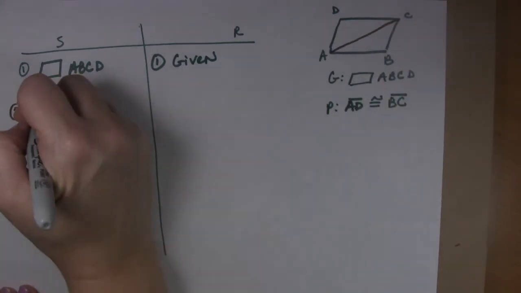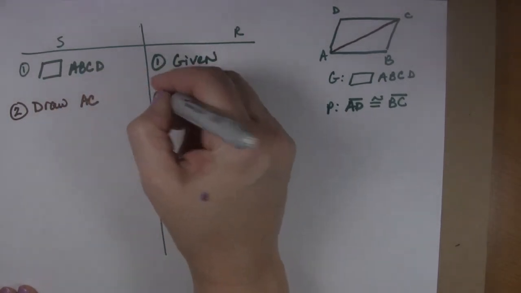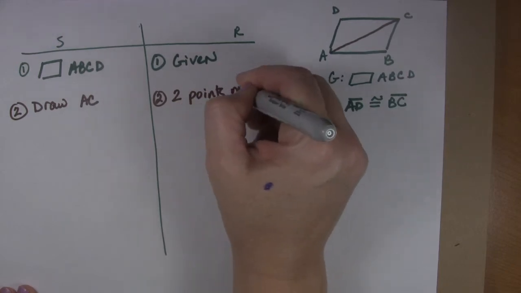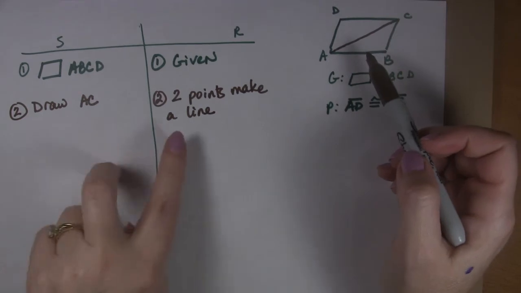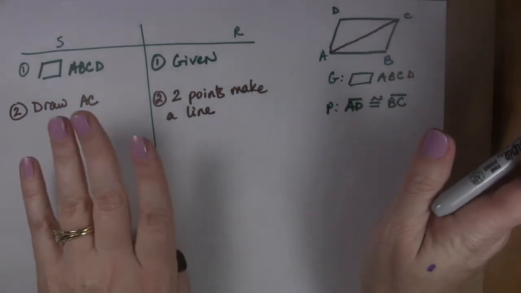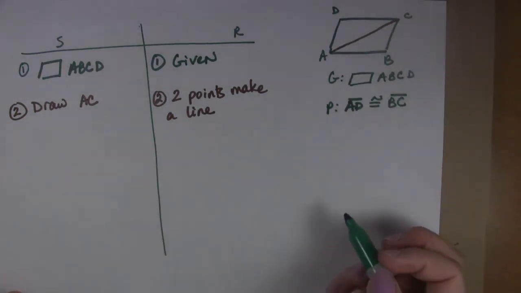We can draw AC. Draw AC. And we can do that because 2 points make a line. Now, I didn't really have to do this part, right? I could have just drawn it and that would have been fine. But for the sake of clarity, in case you're following along, I thought I would do that.